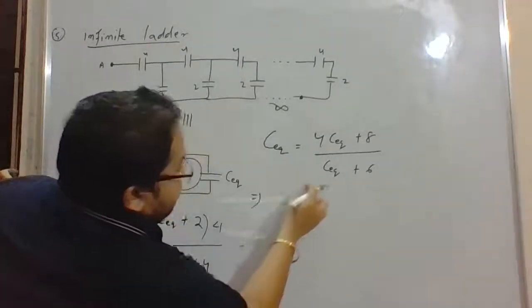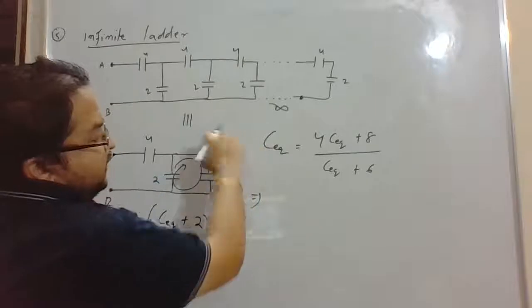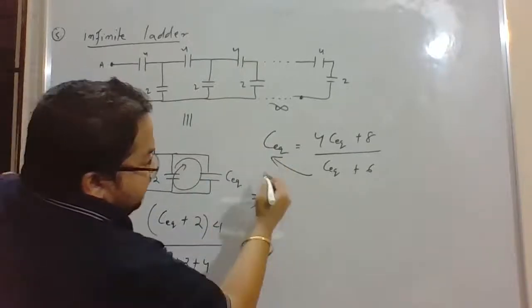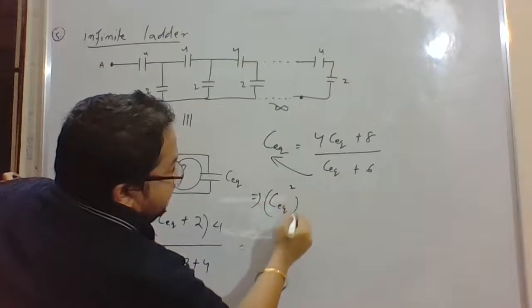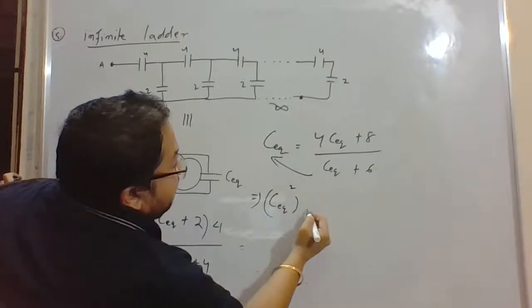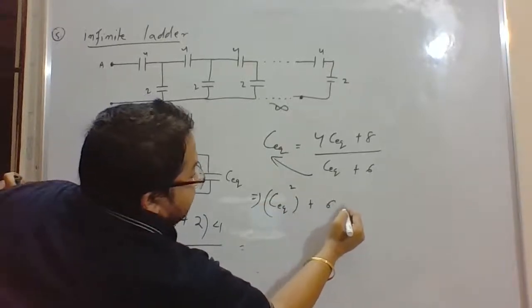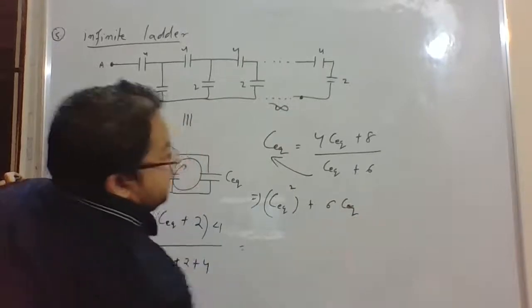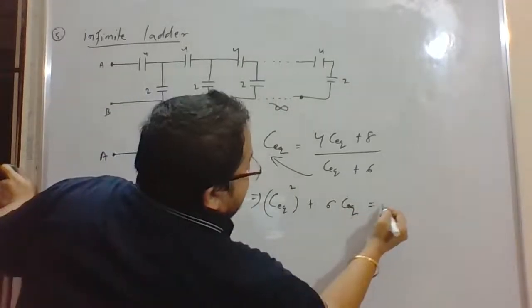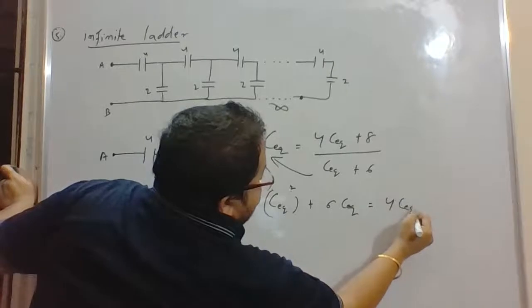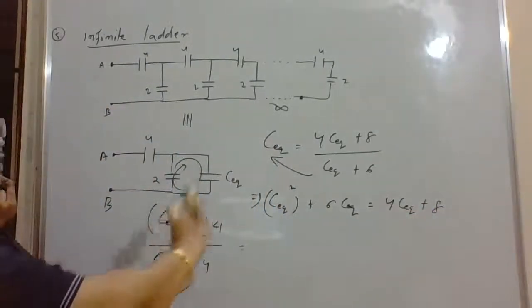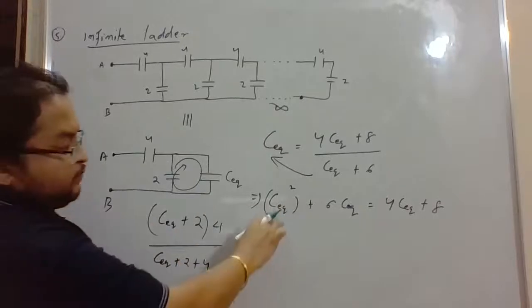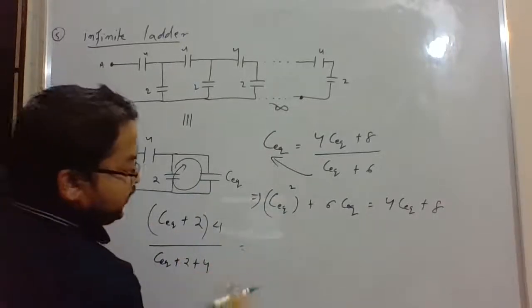So here I'll take this thing on this side and multiply it with this. So I get C equivalent squared plus 6 C equivalent equal to 4 C equivalent plus 8. For simplicity, let me just put C in place of C equivalent.